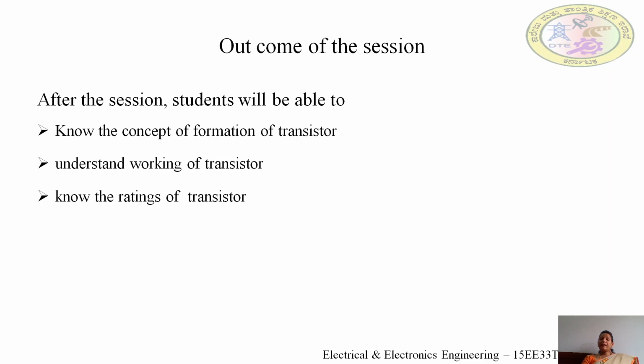And we have discussed the working condition of the transistor as well. In both cases of transistor, it should be noted that the total current, that is IE, is equal to the base current plus the collector current. And we have also understood the concept of ratings of a transistor.